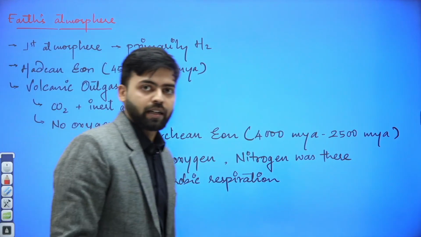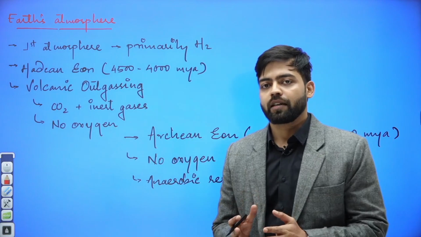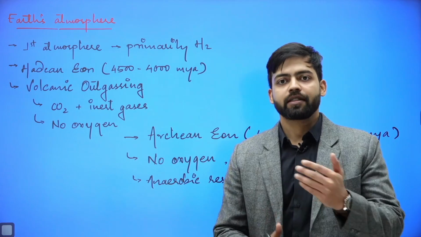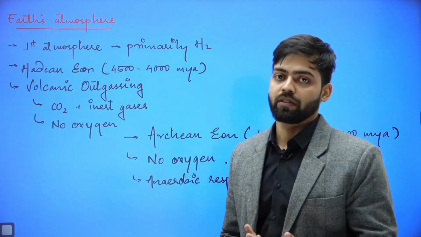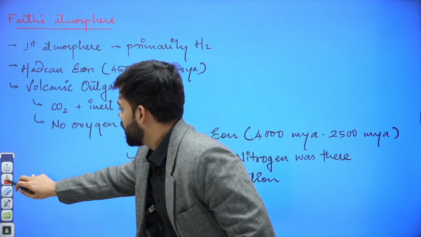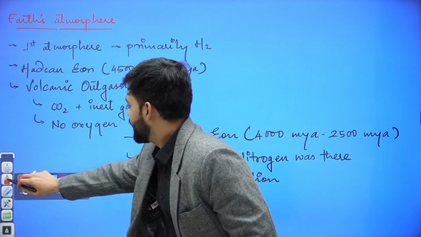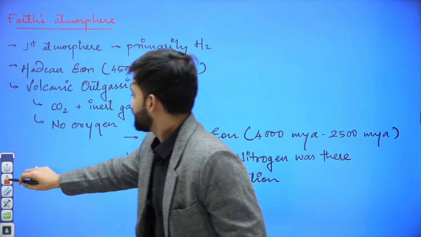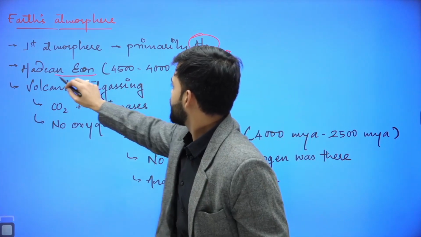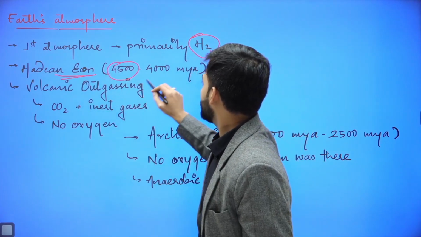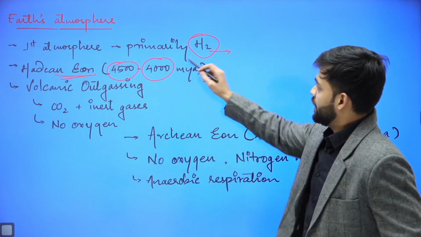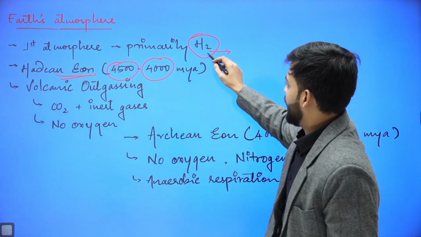Now, regarding Earth's atmosphere, we know that Earth's atmosphere as we see today was not the original atmosphere. It has evolved over several thousands of years or millions of years. First atmosphere or the primordial atmosphere was made up of hydrogen. During Hadean eon, that is 4500 million years to 4000 million years ago, the primordial atmosphere was made up of hydrogen.